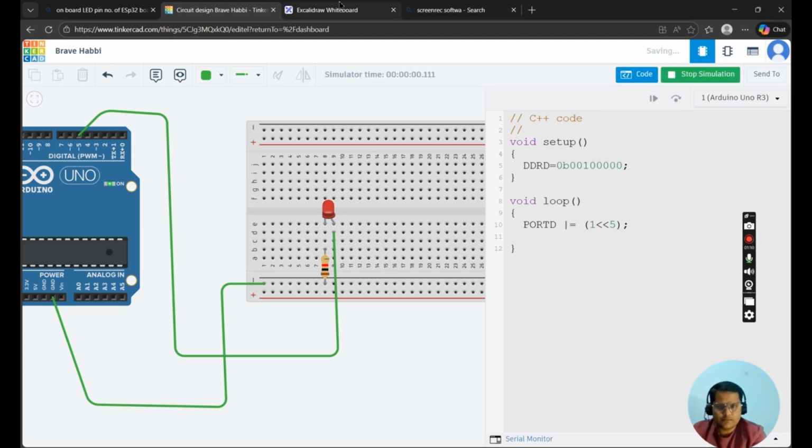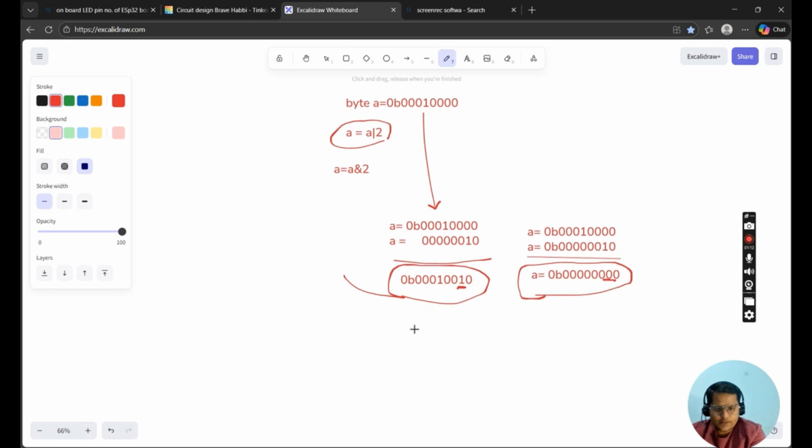For an example, I'll explain to you. See, there was a bit here. This bit was already high, right? And I am interested in the second bit because that's what we did, right?